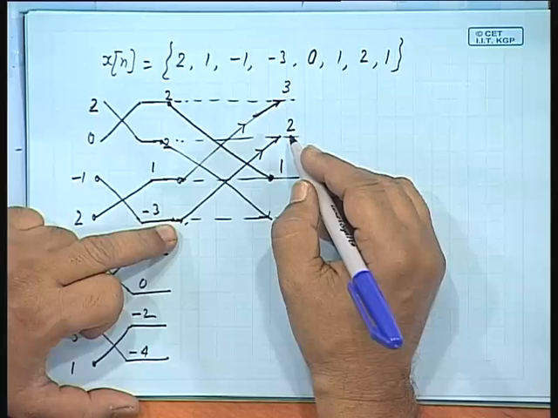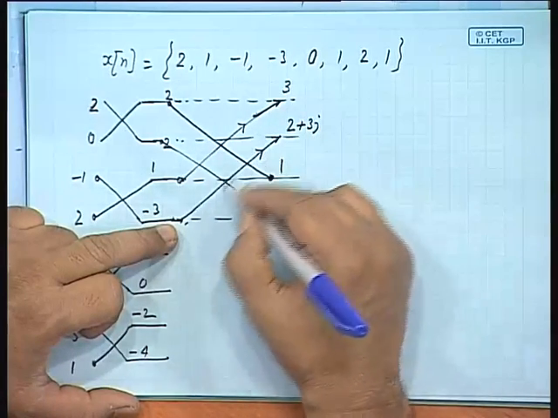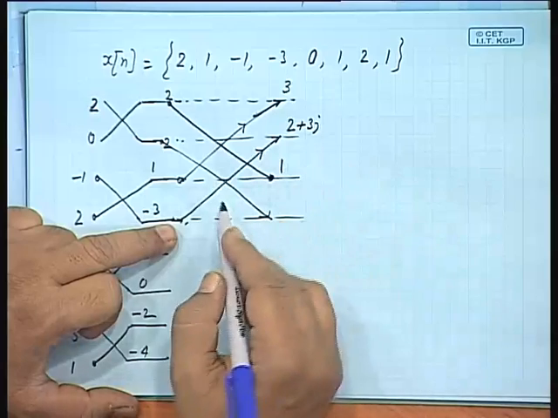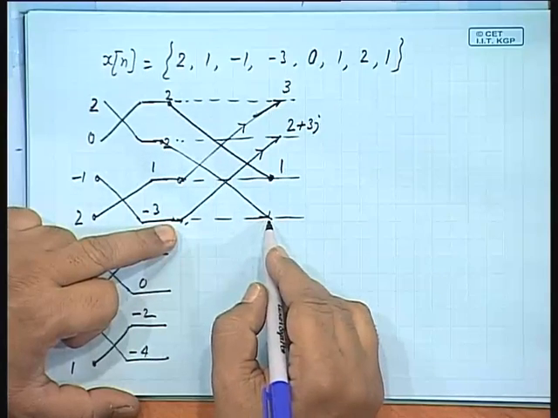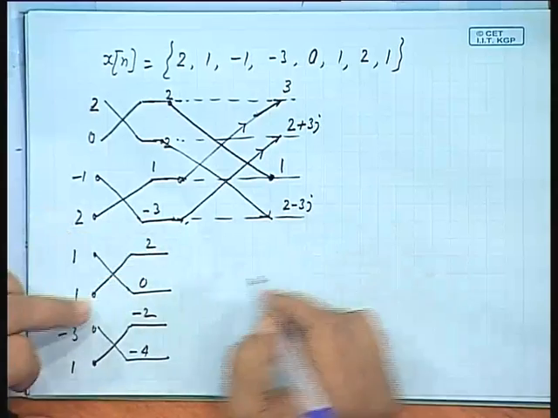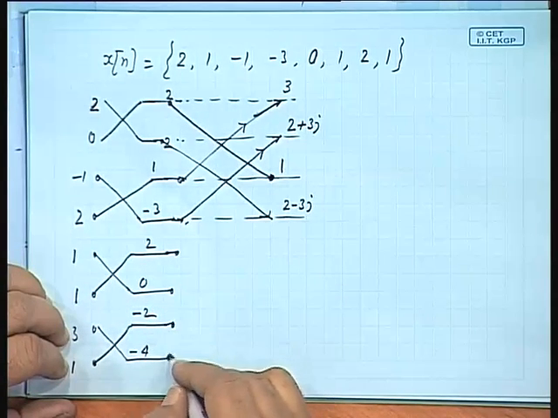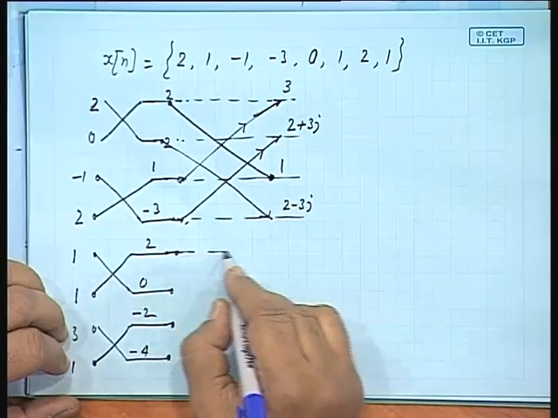Is that all right? If this is 2 plus 3j, then its counterpart will be 2 minus 3j. Okay. Once again, you draw the lines.